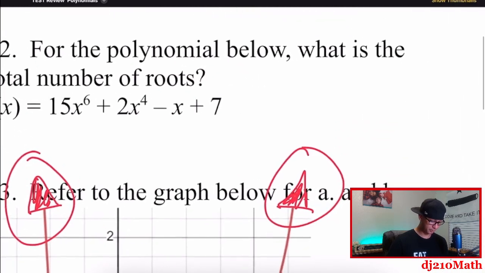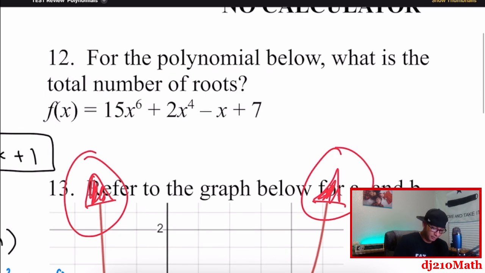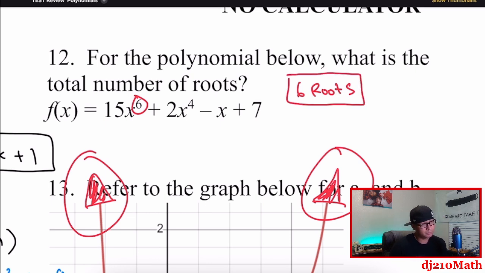Okay. For the polynomial below, what is the total number of roots? Well, we know the fundamental theorem of algebra says that this will have 6. Right? It will have 6 roots. Whether they're real or complex, whatever the case, it's going to have 6 roots.